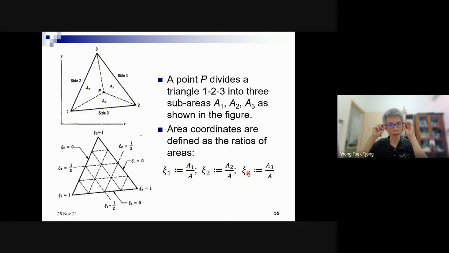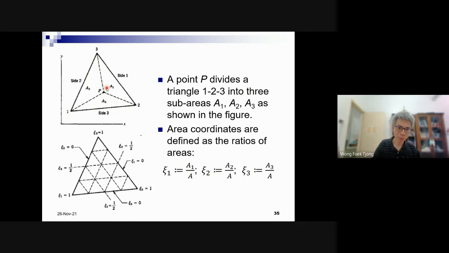So in other words, we can specify the position of P using these three numbers. Actually, coordinates are a matter of how to specify the position with numbers, right? Why do people use Cartesian coordinates? Because they want to specify the position using two numbers. But here, using area coordinates, we have three numbers to specify a position.